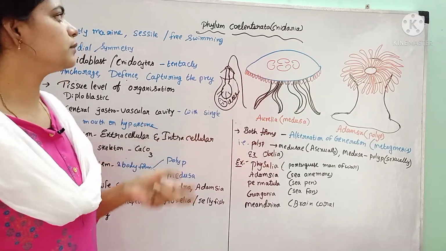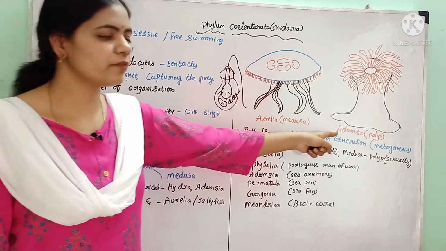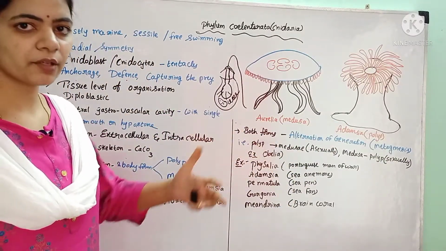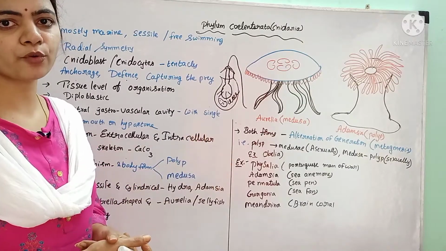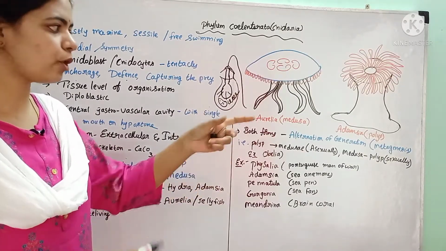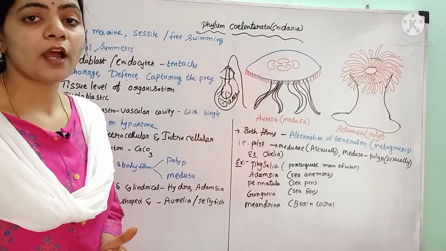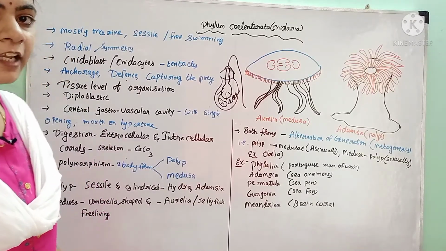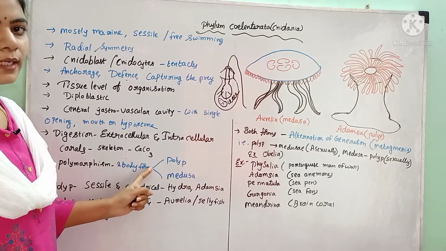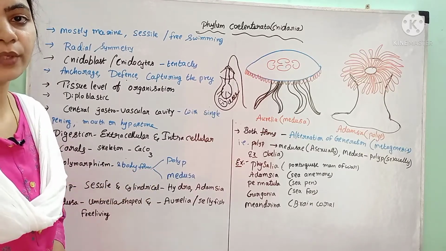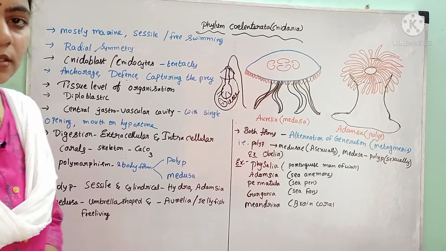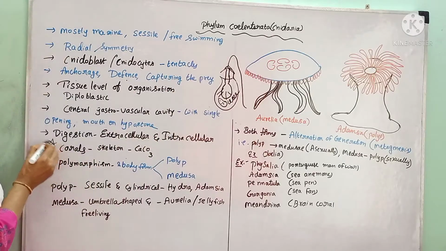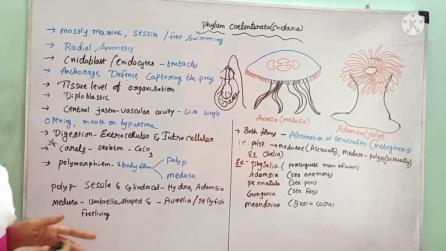The polyps of some of these coelenterates, this is a polyp, live in the form of groups, and several thousands of these polyps live together and form a hard rocky structure which is called a reef. That will be called coral reefs because they are made up of calcium carbonate, calcareous structures. Coral reef formation is seen in coelenterates, and they exhibit polymorphism.